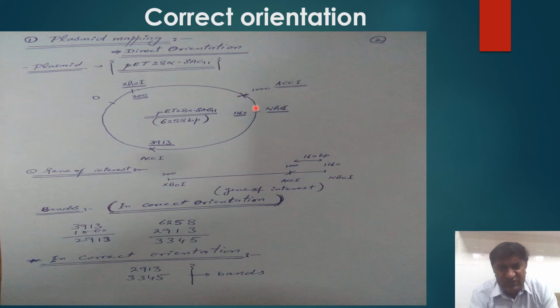You need to find the cutting site at the gene of interest, this one, and the other cutting site is this one, which is outside of the gene of interest. So you subtract the outside of the gene of interest minus the inside of the gene of interest. This is a band location. Then this band location you subtract from the total length. This total plasmid length is this one. You subtract this value, so you get 3345. These two bands you will get.